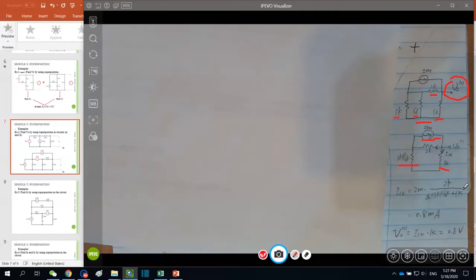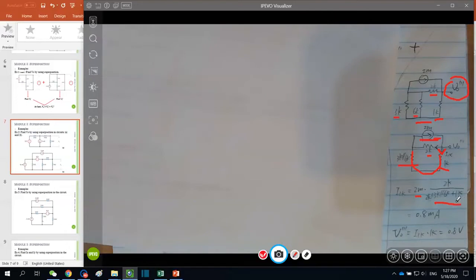If this is fully clear, then the current of this branch here, falling downward due to the current source direction, equals the total 2 milli times the ratio. The numerator is the other branch, which is 2 kilo ohm.